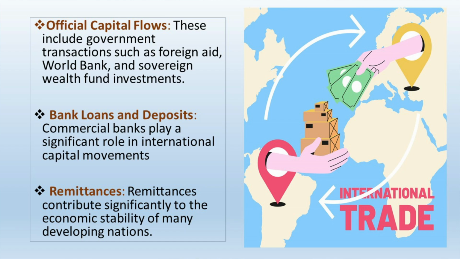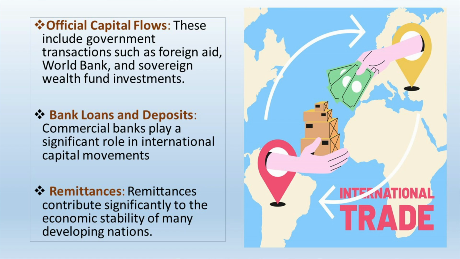So by providing cross-border lending and by mobilizing deposits, they can also facilitate the international movement of capital from one country to another country. So this category also includes interbank lending and syndicated loans.